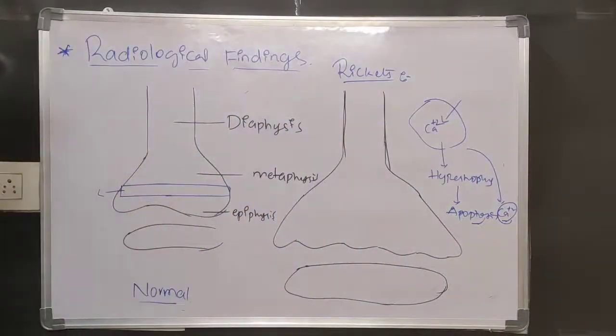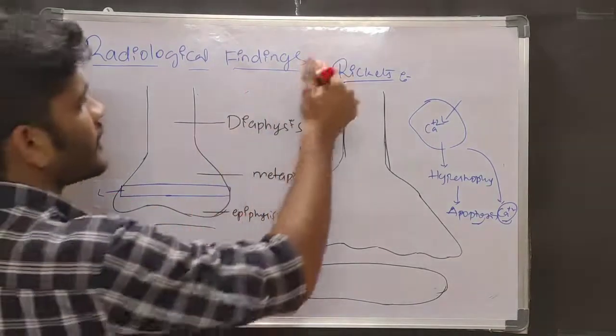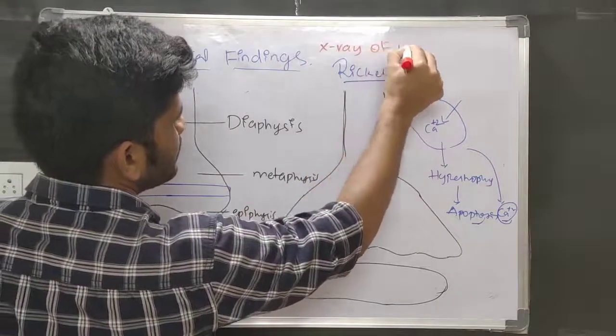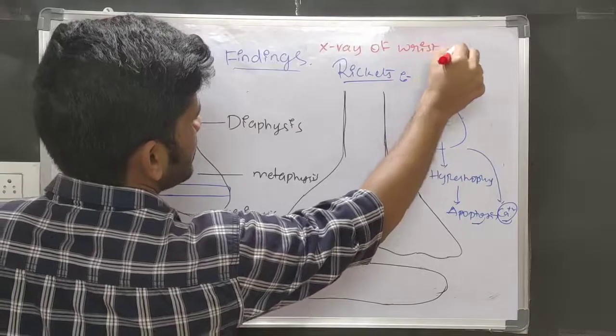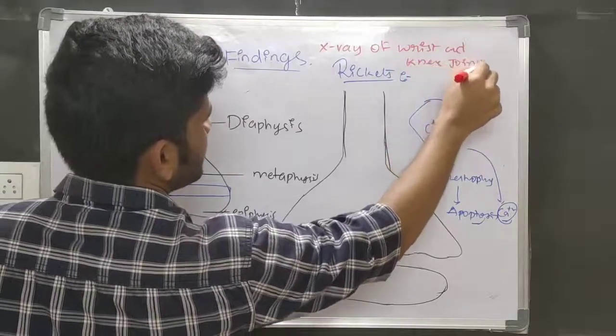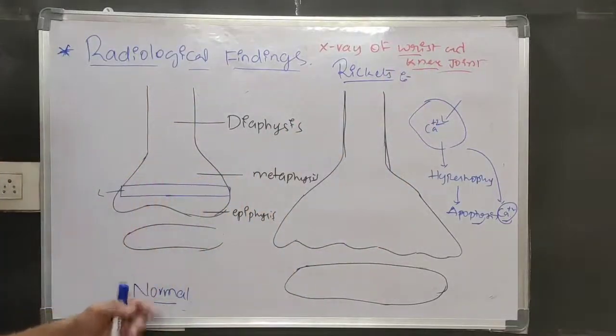Coming to the X-ray findings, generally the X-ray findings are prominent in the X-ray of the wrist and the knee joint. So we need an X-ray of the wrist and the knee joint. See here.